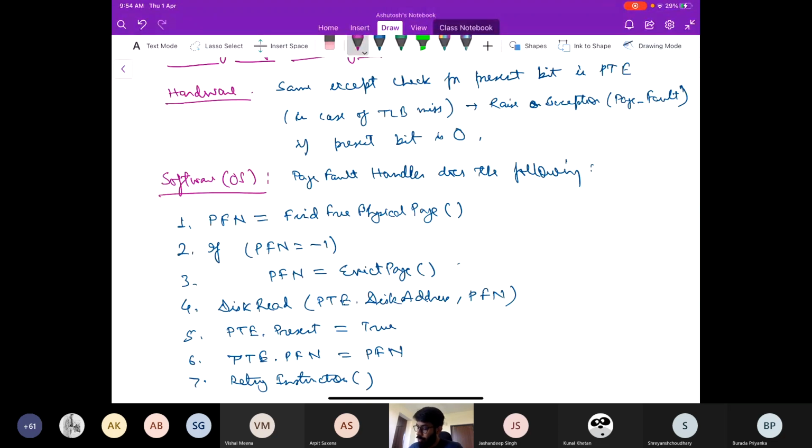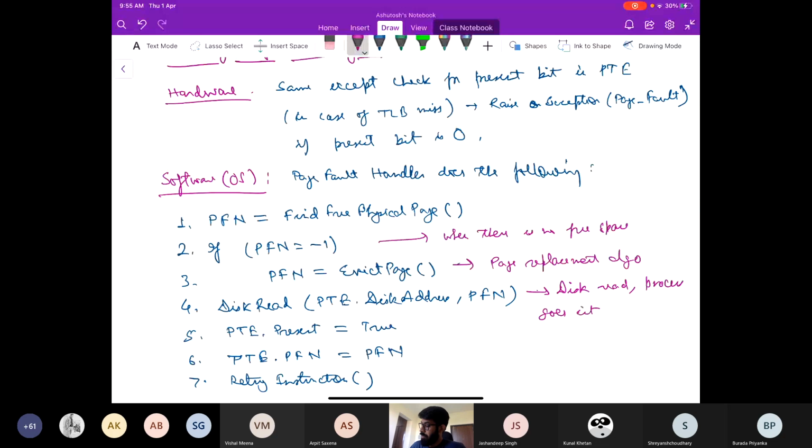So this is the control flow for the OS, and this is for when there is no free space. This is the page replacement algo. And this is the disk read, right? And the process goes into blocked state.